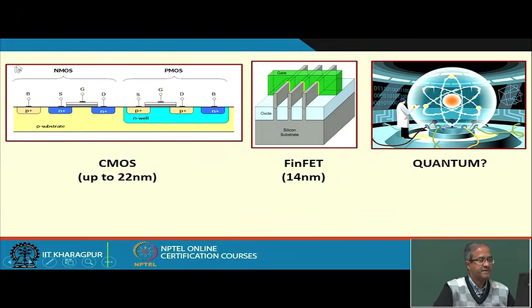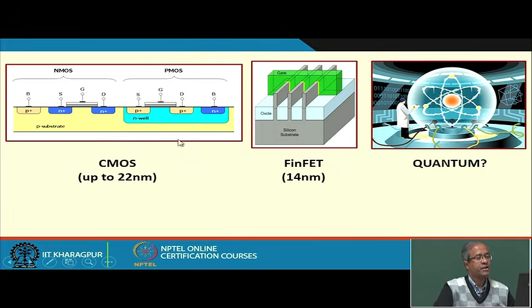On the left I have shown a classical CMOS gate, which in fact consists of an NMOS transistor and a PMOS transistor, laid out on the same silicon substrate. With this classical CMOS kind of design, we have been able to sustain the growth down to as small as 22 nanometer technology.